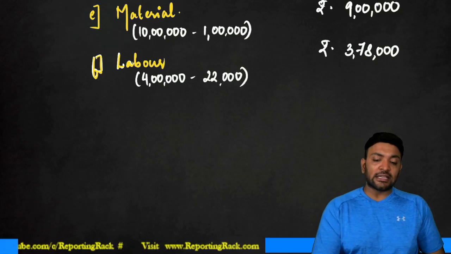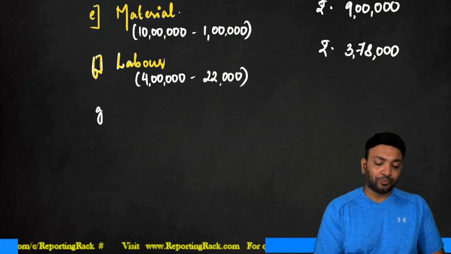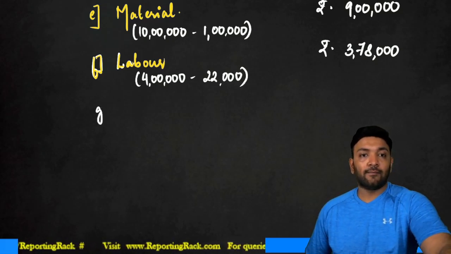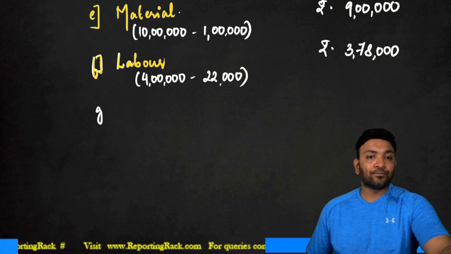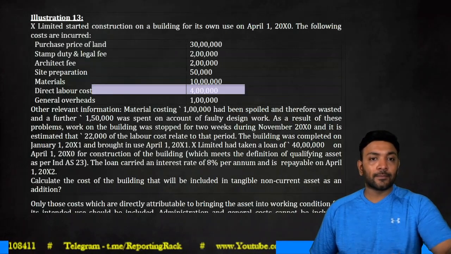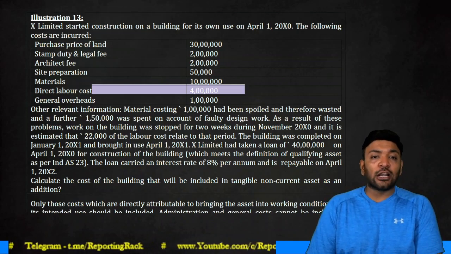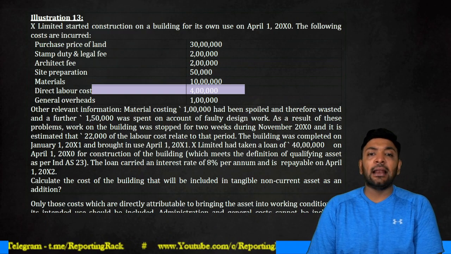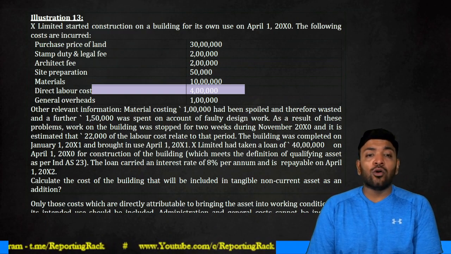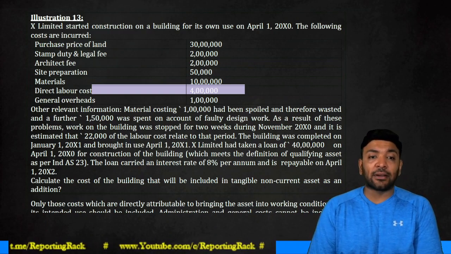Apart from labor, what else is there? General overheads are not supposed to be included into the cost of the asset, so leave it aside. But now we'll have to look at what is the amount eligible to be capitalized.